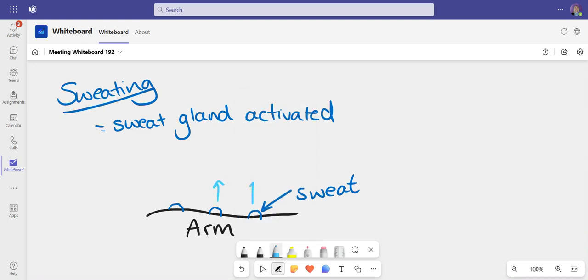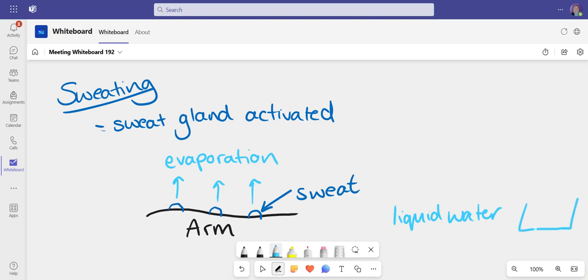That means it's going to change from liquid water into water vapor. So evaporation. Now we know from secondary school that the molecules in liquid water, if they're in a container, they're kind of touching, but they're in a random arrangement and they're moving around relative to each other, but they can't float up.